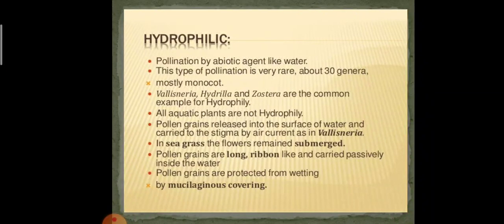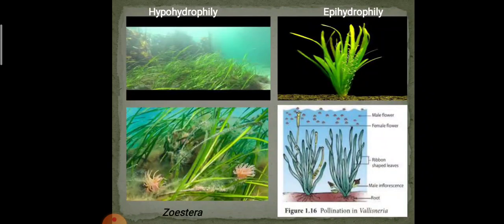There are two types of hydrophily: hypohydrophily and epihydrophily, which we will discuss carefully here. In hypohydrophily, pollination takes place below the surface of the water. In Zostera, or seagrass, pollination takes place and that plant is most probably monoecious.